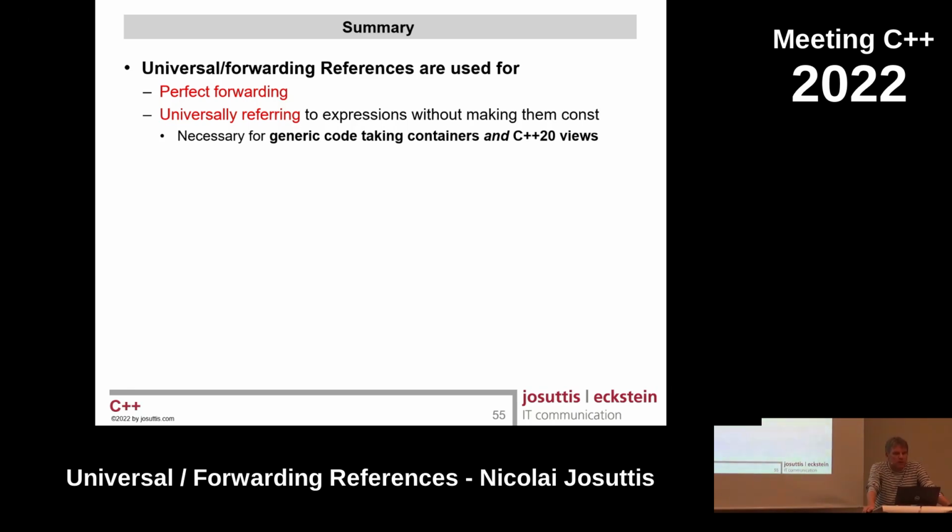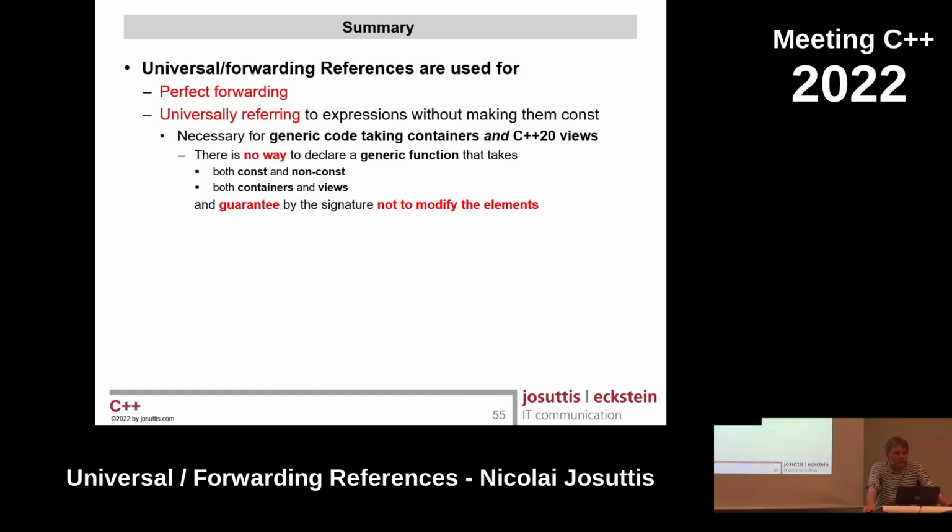It's necessary for generic code taking containers and C++20 views. Please note, there's currently no way to declare a generic function that takes both const and non-const, and both containers and views, and guarantees by the signature not to modify the elements. It's not possible to do that.